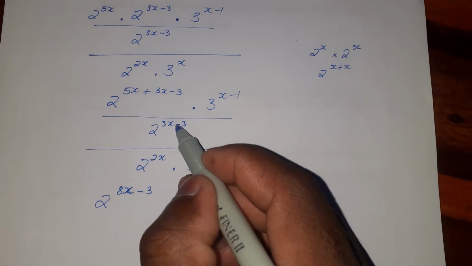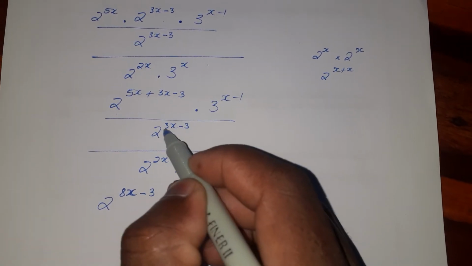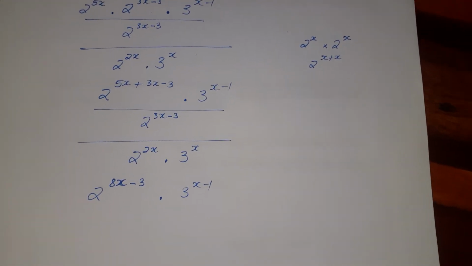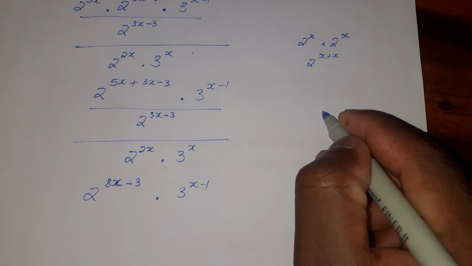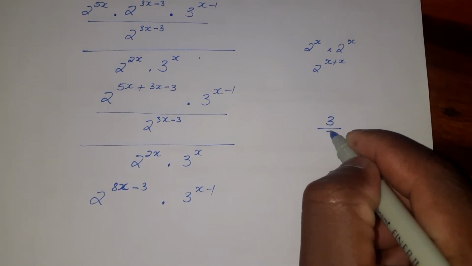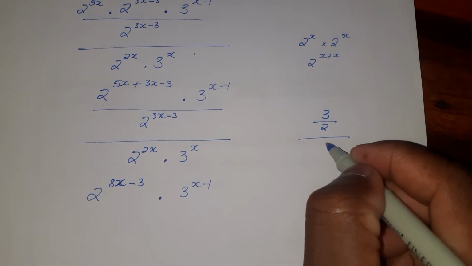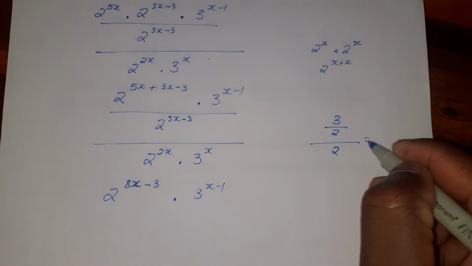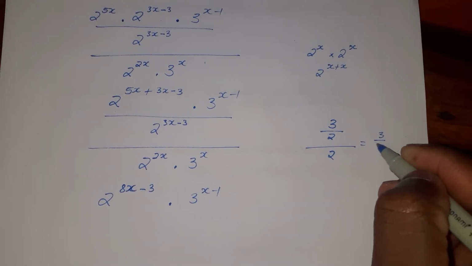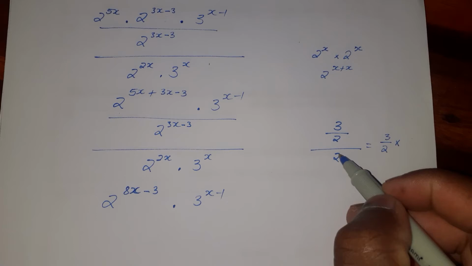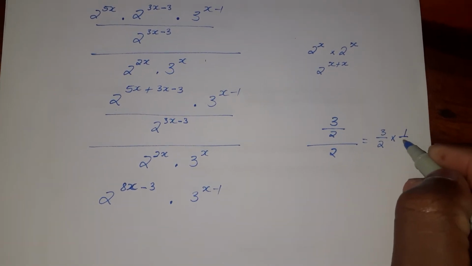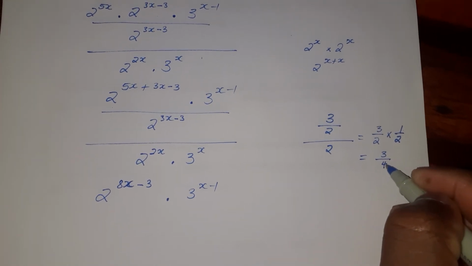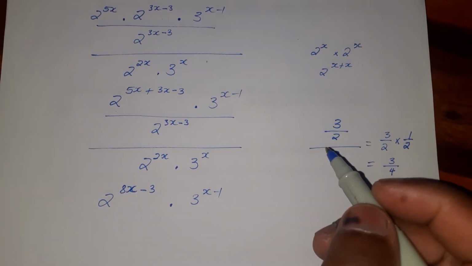Now this denominator, remember we are dividing this fraction by this, is the same as saying if we have 3 over 2, that's the fraction, and we're dividing that fraction by 2. So this is the same as saying 3 over 2 times the reciprocal of that, which is 1 over 2, so that we can have 3 over 4. So that is the same thing that we have to do here.